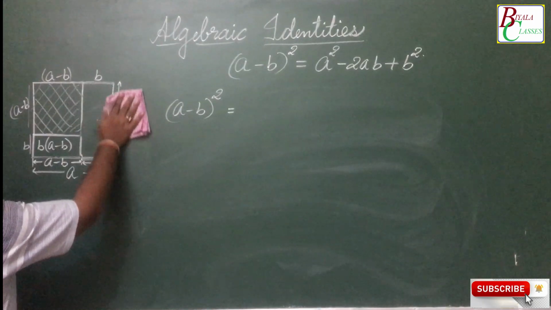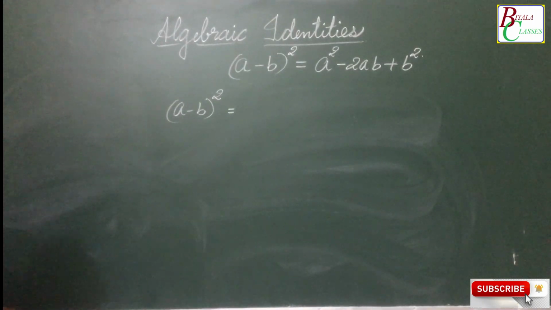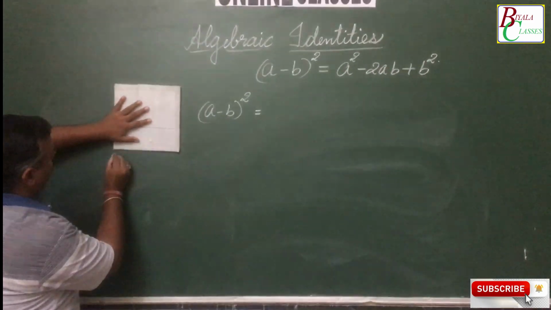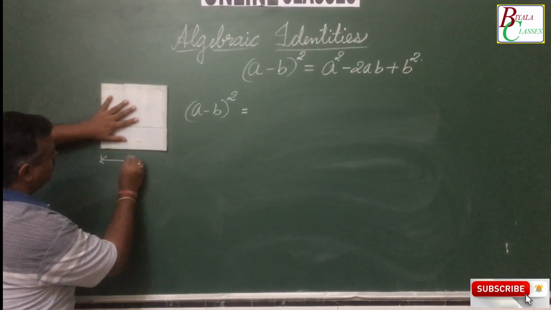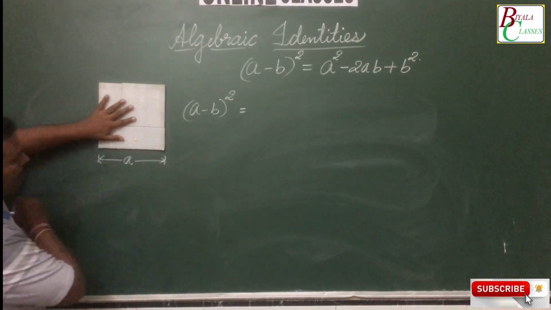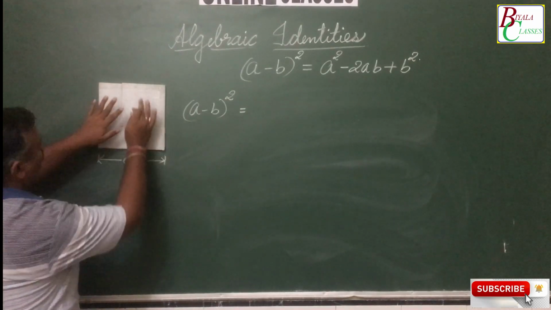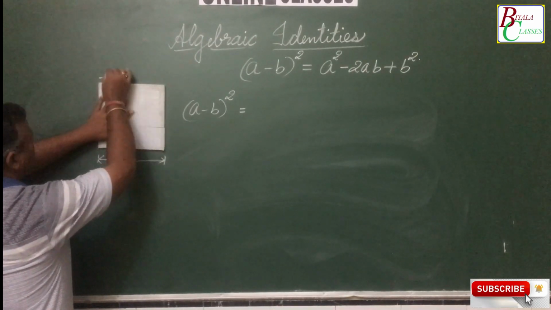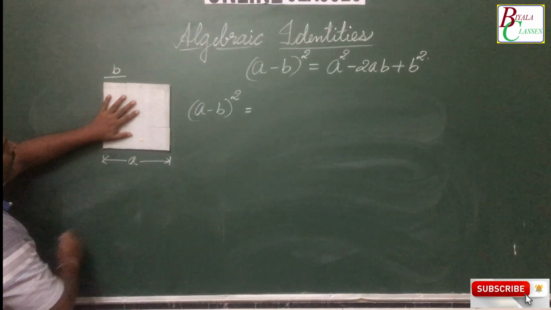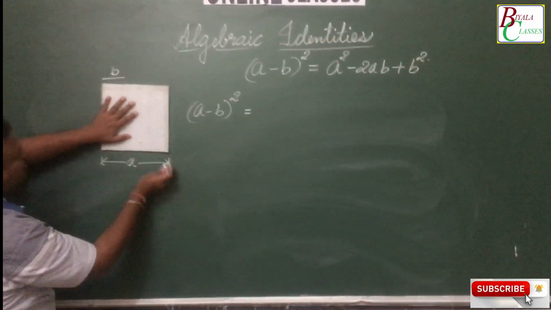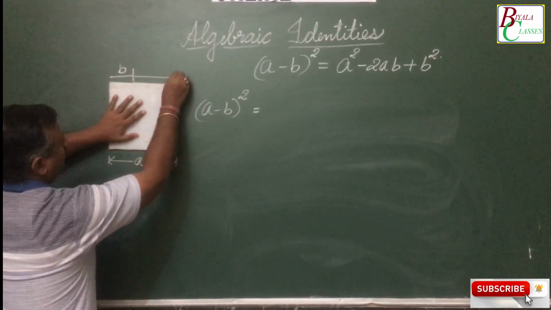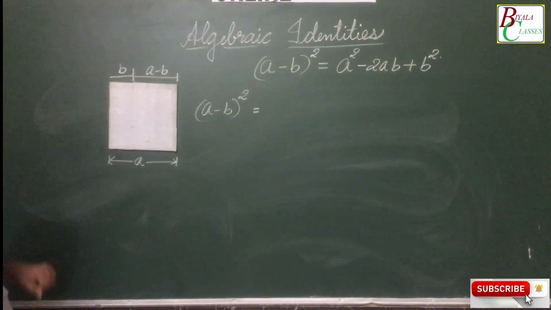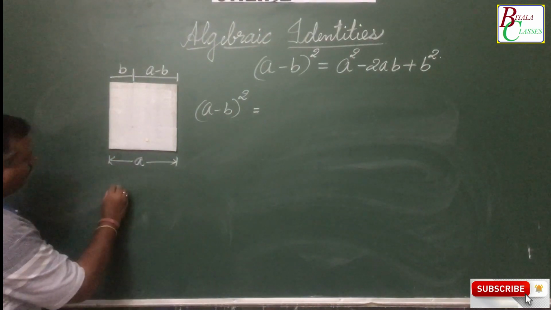Instead of dividing it into two parts in this way, now suppose this is the square which is taken. Now this is in such a way that this whole side is equal to A. Here we are again taking this part, say this part represents B. If this is B and the whole side is A, then this part represents A minus B. Now here we are dividing it in a different way.